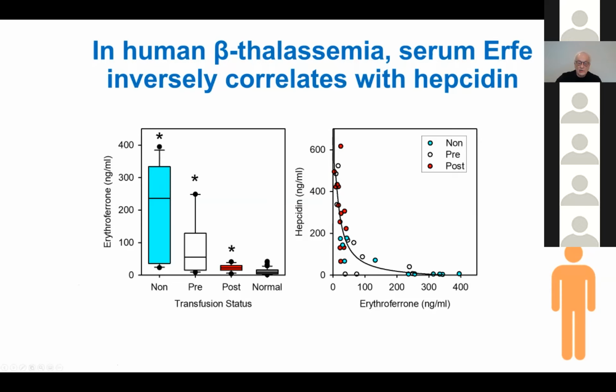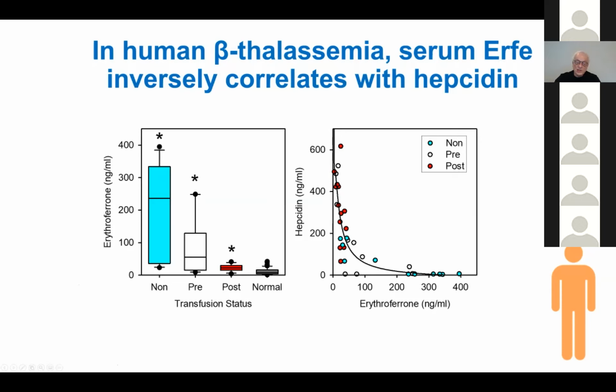And if you look at these groups, the patients who are never transfused had by far the highest levels of erythroferrone. But when they are started on transfusions, their erythroferrone levels go down, and specifically, they go down immediately or within a day or two after transfusions.